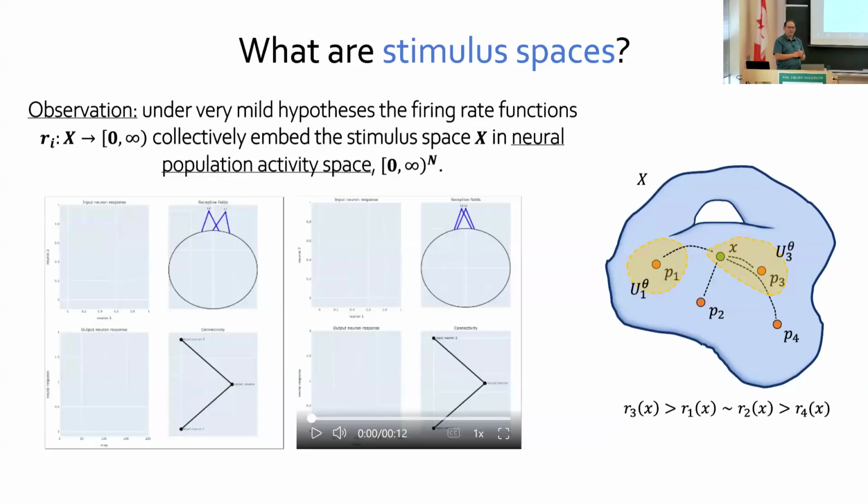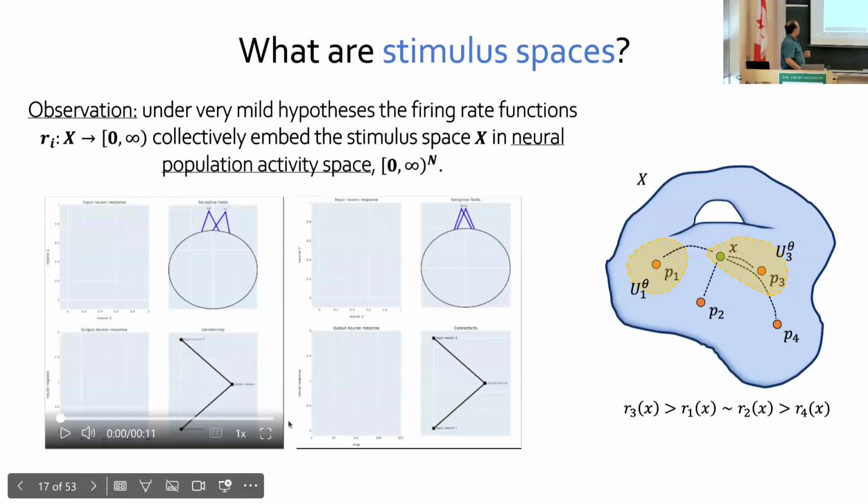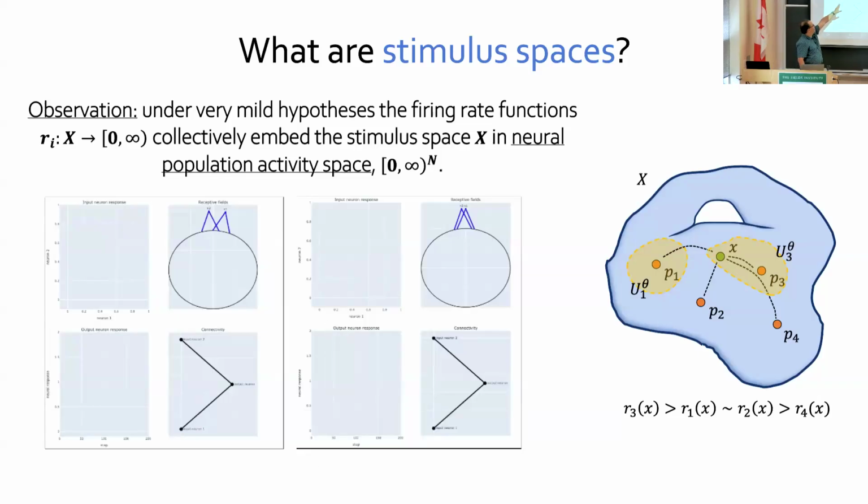Okay, I want to show you a couple of videos. A couple of you might have seen these videos before, but I think they're really interesting. So here, the idea is that I have just a circle, and I've got two receptive fields, and they're very dumb little triangular bump function receptive fields. So I've got two neurons there, neuron 1 and neuron 2. And what I'm going to do is run a stimulus just walking along that circle, and then I'm going to show you the embedding.